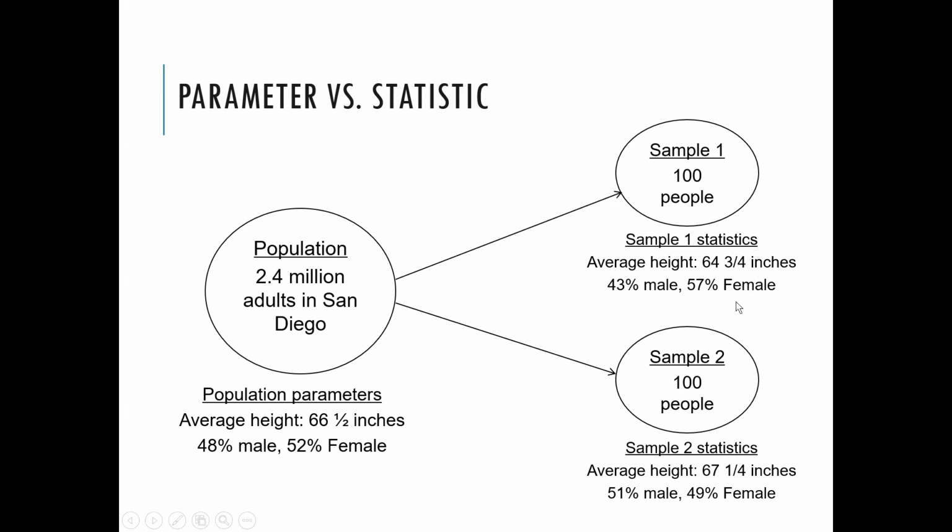57% female. Then let's say we take another sample of 100 people and we measure their height, and we get an average height of 67.25 inches, and then we have 51% male and 49% female. You can see these values between the samples are a little bit different, and they are still also different from the greater population, but somewhat similar, right?